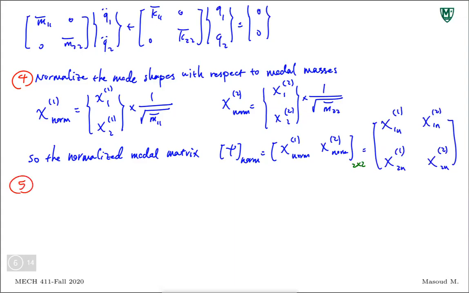Now you can convert your initial conditions. Knowing the normalized modal matrix, you can use it to convert the initial conditions into modal space.